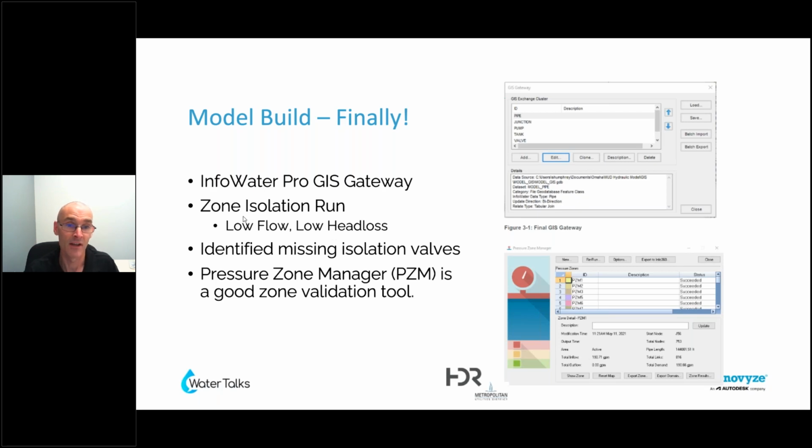And then you should have, if everything goes right, these perfectly isolated zones. So that's just a quick snapshot of the pressure zone manager down at the bottom here. And I think we ended up with about 11 total zones. There are 3 major zones, some minor zones, and then we had some other zones around the treatment plant that we were able to identify.